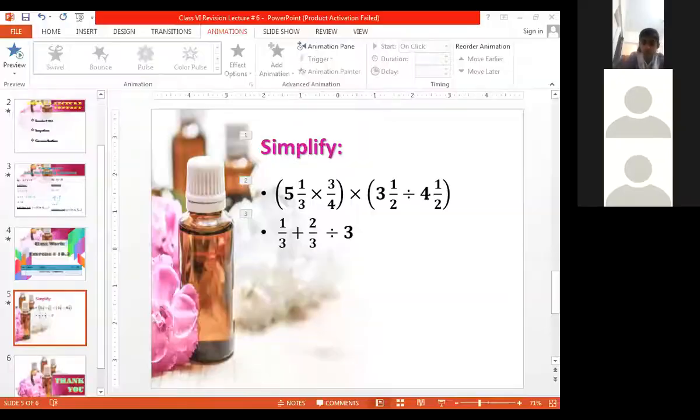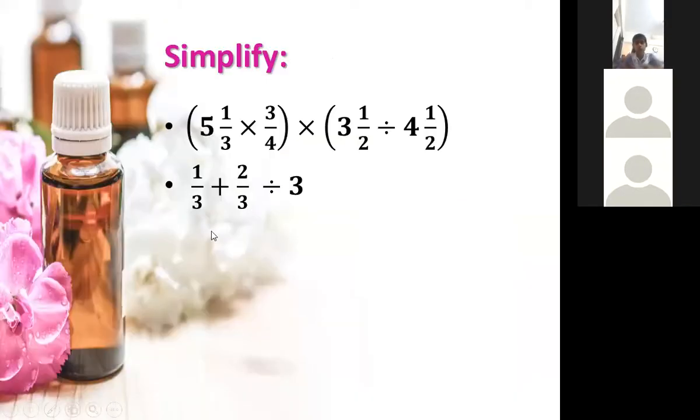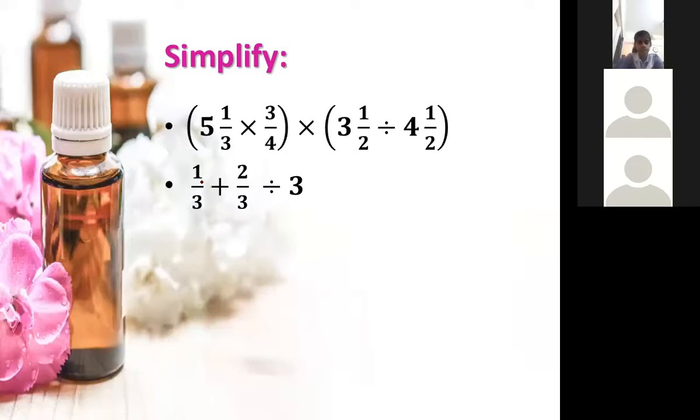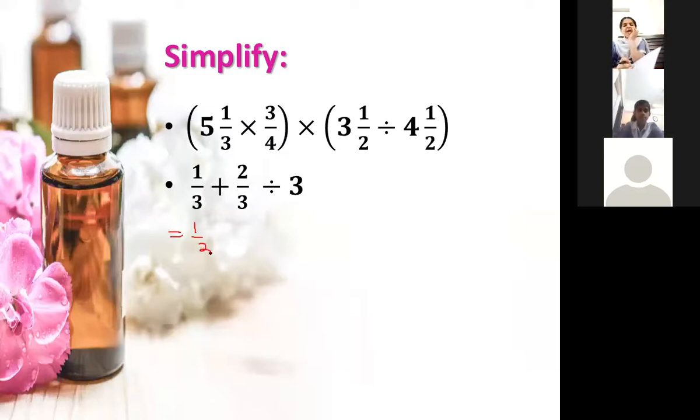Look here. What you will do. This is 1 upon 3 plus 2 upon 3 divided by 3, na? So everything will remain same. 1 upon 3 plus 2 upon 3, and it is divided by 3, so you will multiply by 1 upon 3. Please listen everyone.